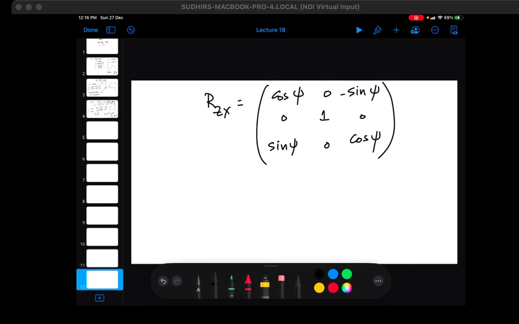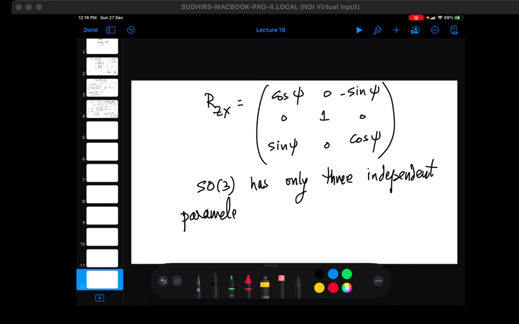Why only 3 angles? Because SO3 has only 3 independent parameters. Okay, SO3 has only 3 independent parameters.